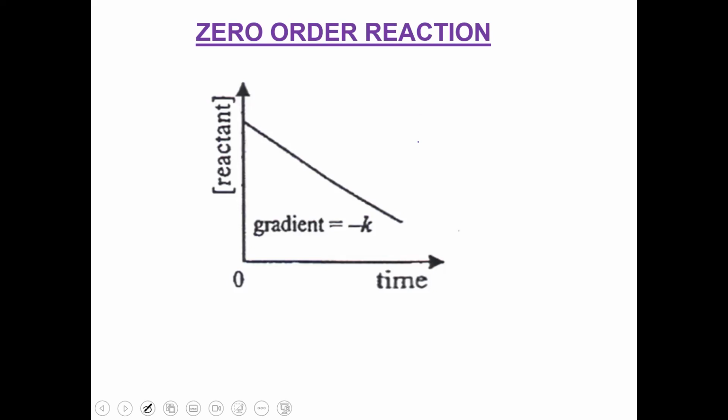Now look at this one. The gradient is minus K. There is no trend.